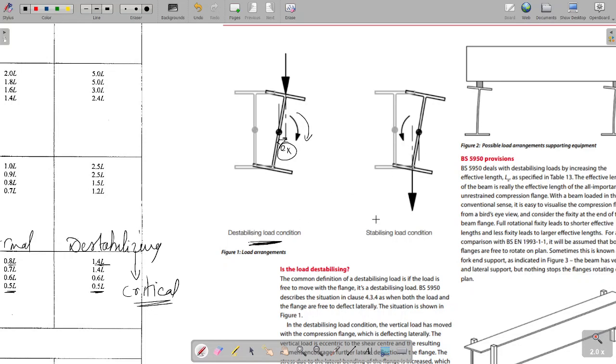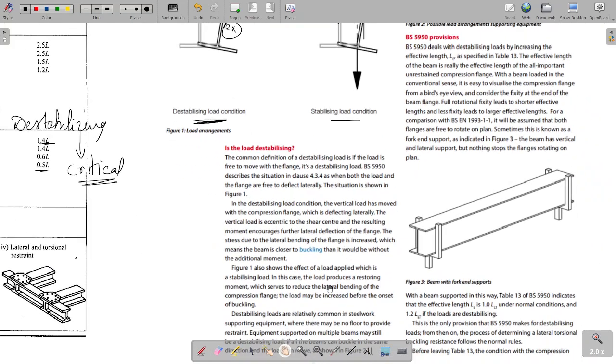Suppose there is a stabilizing loading condition also: the beam is buckling, swaying this side, and the moment here is stabilizing it. This is a destabilizing loading condition because the vertical load has moved with the compression flange, which is deflecting laterally. The compression flange is deflecting laterally and the vertical load has moved with it. Then it is a destabilizing loading condition. The vertical load is eccentric to the shear center and the resulting moment encourages further lateral deflection of the beam.